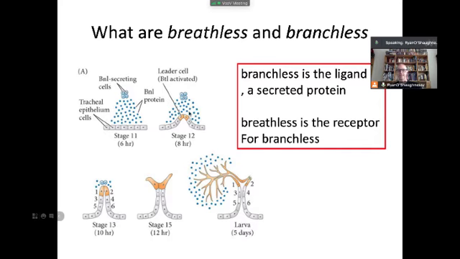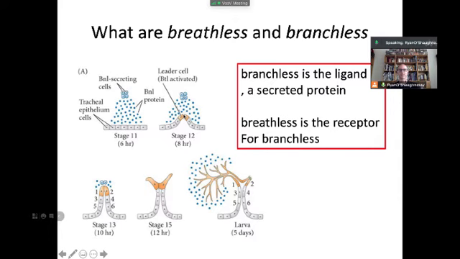What we can see here is that wherever there is a branching process occurring, we see this functional interaction between cells that express branchless and cells that express breathless, the receptor. So we have this reciprocal interaction.